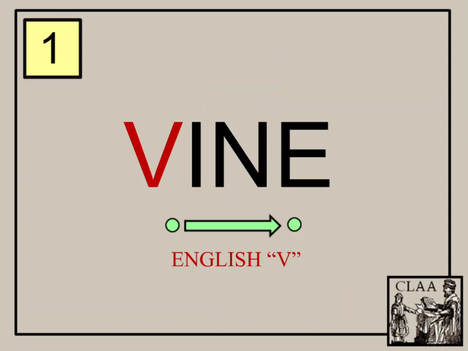The sound of the English letter V is V, V. Let's read this word using the English V sound. Vine, vine, vine.